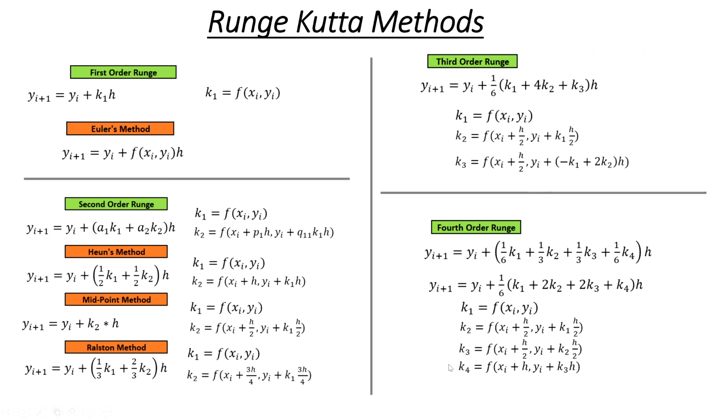And k4 is now the derivative at the endpoint of the interval, and you can see here using xi plus h, and here we're using k3 to get the derivative at the endpoint. So derivative at the starting point, derivative at the endpoint, and two derivatives at the midpoint.